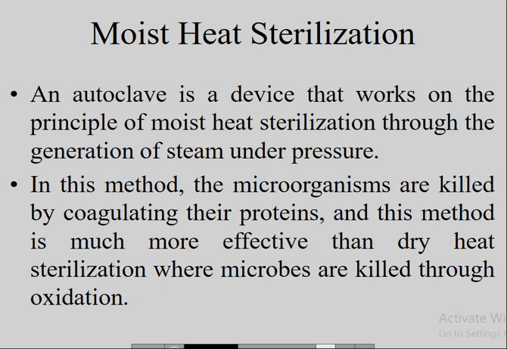The temperature of the steam is around 121 degrees Celsius, and the pressure used in an autoclave is around 15 pounds. As pressure builds up, temperature also increases, and this steam acts as a bactericidal agent. Bactericidal means it literally kills bacterial cells.